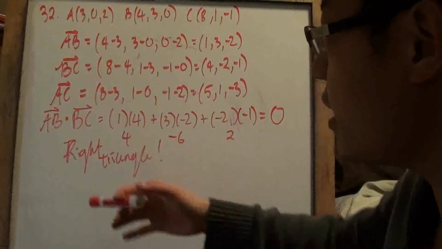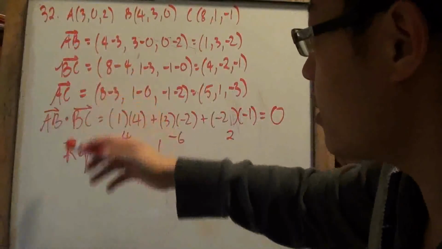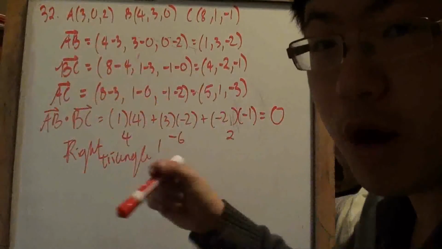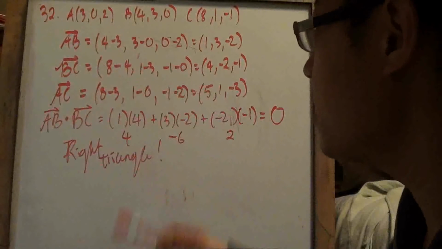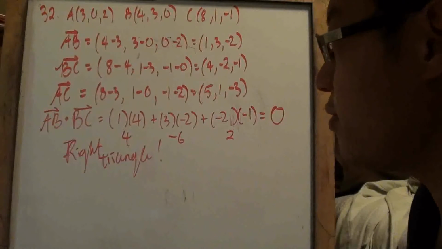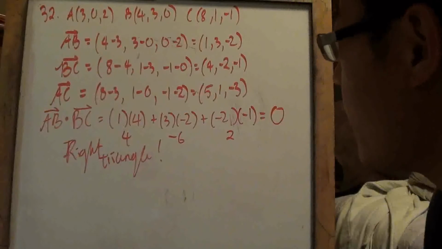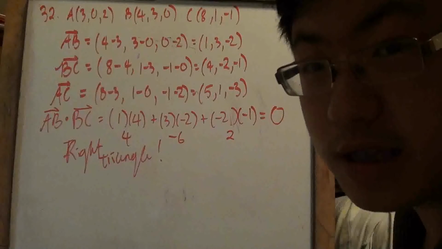All we care about is using any one of these 3 vector lines. If one of them ends up being orthogonal, that must be a right triangle. That's what I'm trying to say. But the problems are not very useful in terms of what I want to do. But let's try number 33, and we are done.